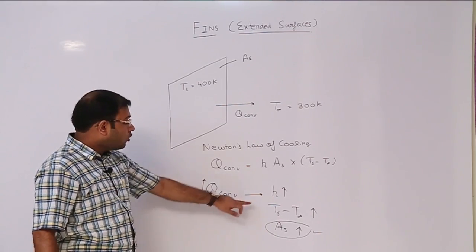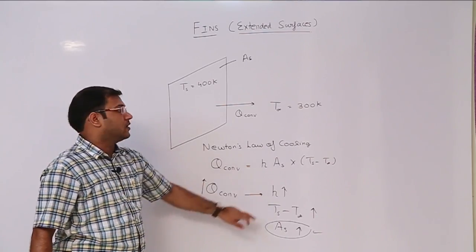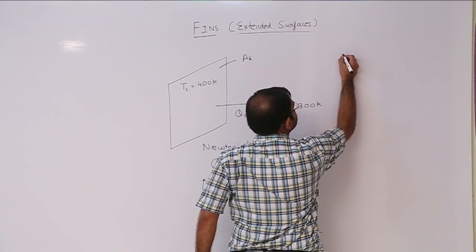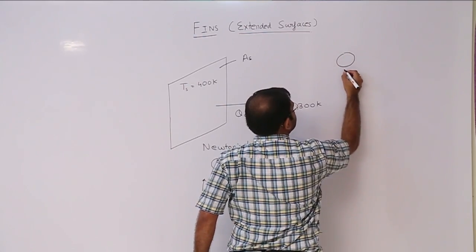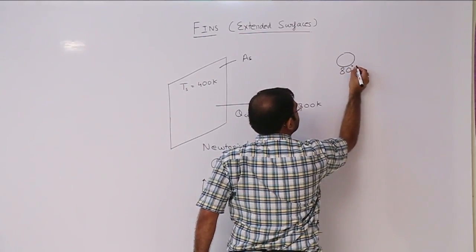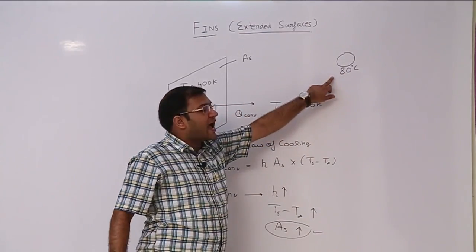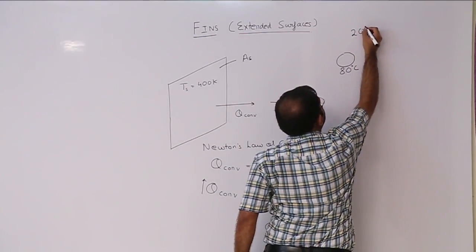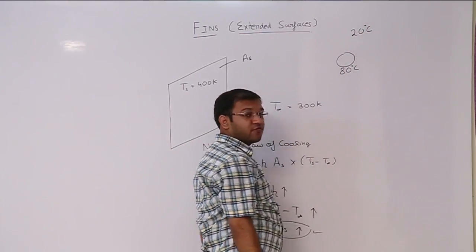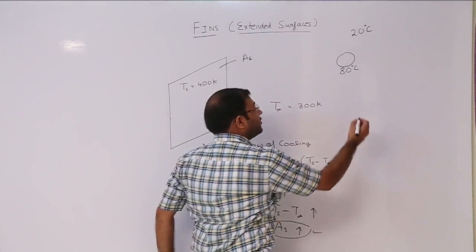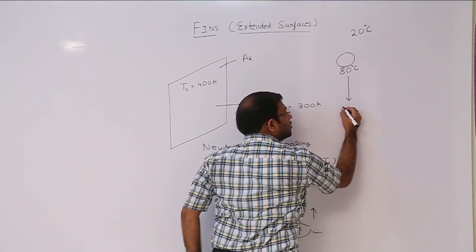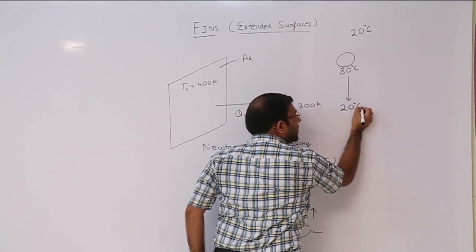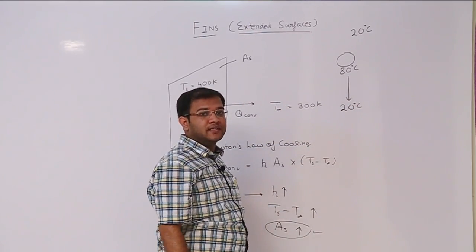Now see, how to increase the heat transfer coefficient? Consider a body at 80 degrees Celsius placed in a room at 20 degrees Celsius. What will happen to this body? Eventually it will cool and attain the surrounding temperature.